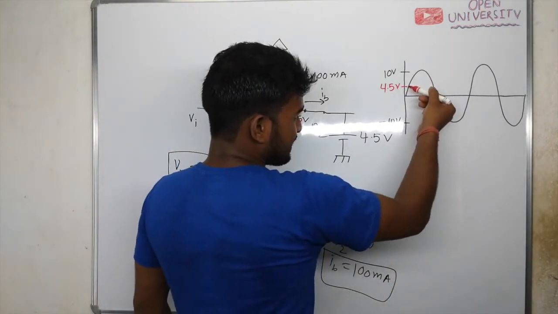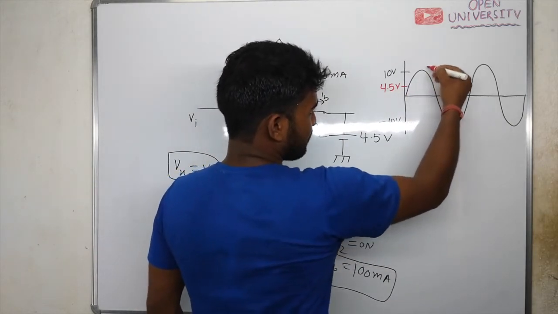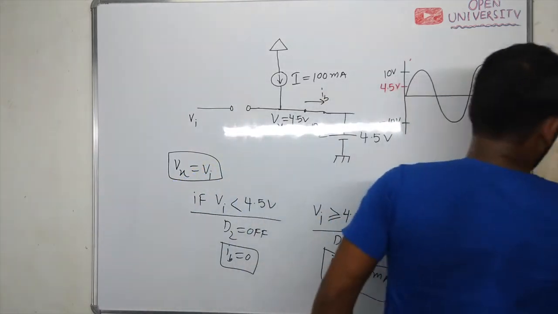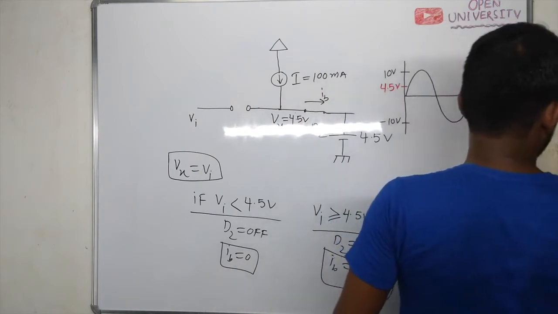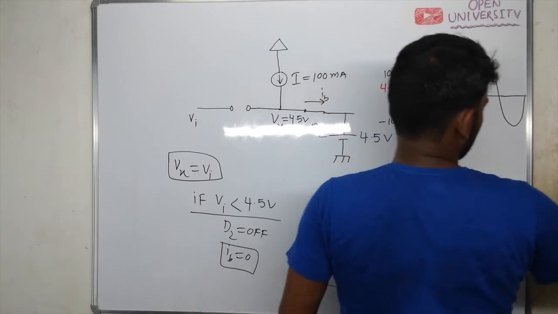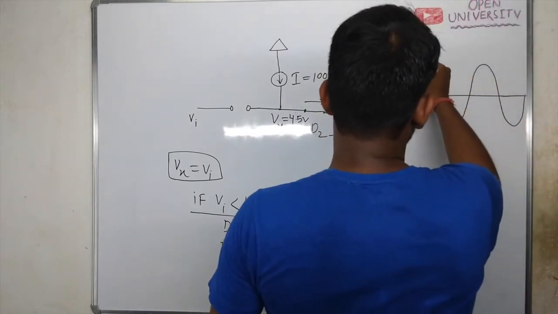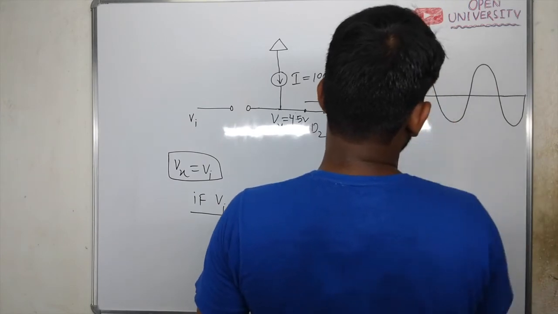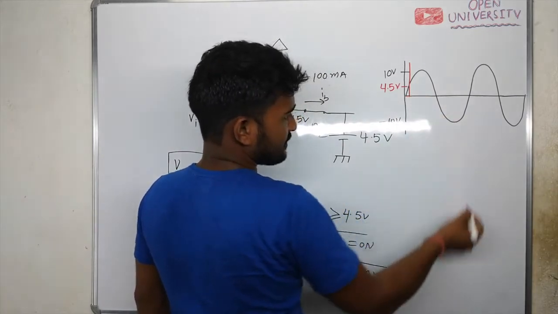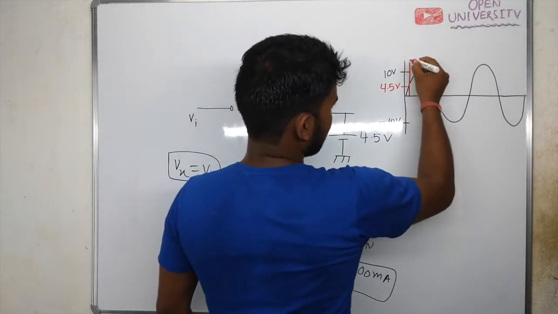When input voltage is less than 4.5 volt, IB is 0, and when input voltage is greater than 4.5 volt, IB will be 100 milliampere. So the curve will be like this. IB is 0 like this when Vi is less than 4.5 volt, and its value is 100 milliampere.